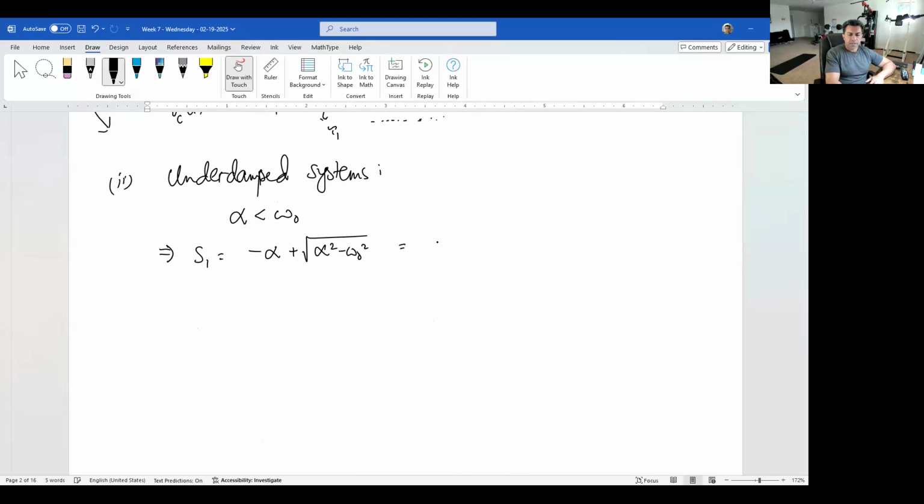So I'm going to write this down as negative alpha plus j square root of omega naught square minus alpha square. Because of course, anytime you have a negative under the square root, that's going to be a complex number, a j. I'm going to put j, and then I'm going to switch the order: omega naught square minus alpha square.